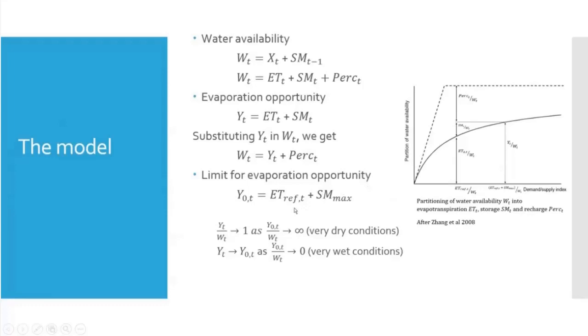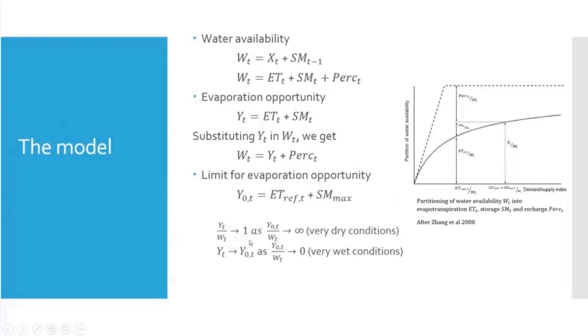And the limit for evapotranspiration opportunity will be equal to the maximum evapotranspiration opportunity as the ratio between this limit of evapotranspiration to water availability is close to zero. That is representing a very wet condition.